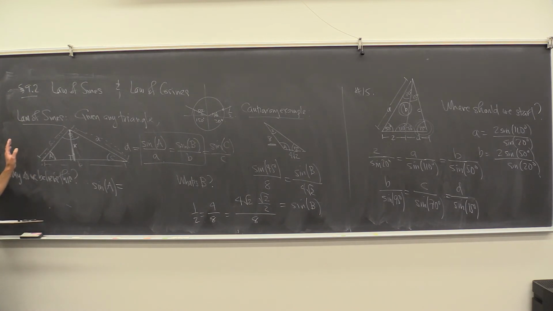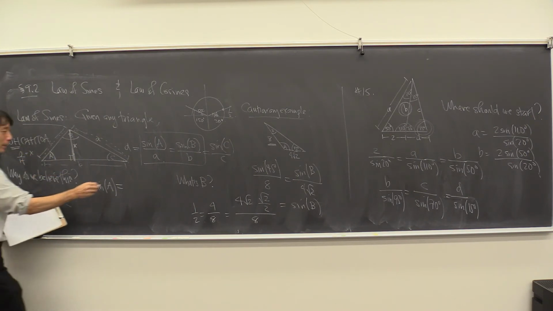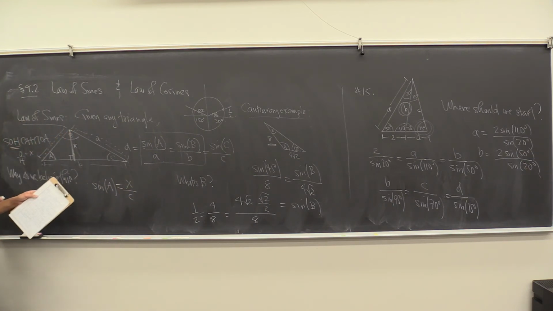Would it be X? X. So remember SOHCAHTOA. Sine is going to be opposite over hypotenuse. X is opposite, and then you need to divide by hypotenuse. So X over C. Right.